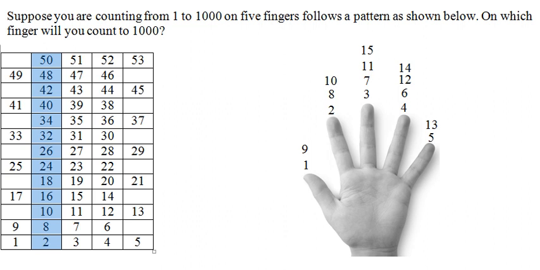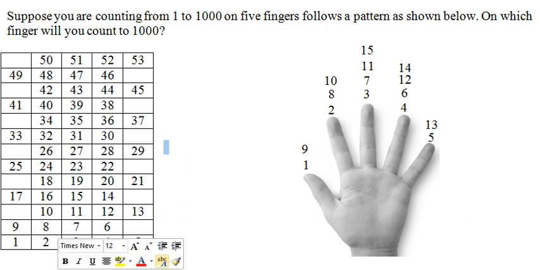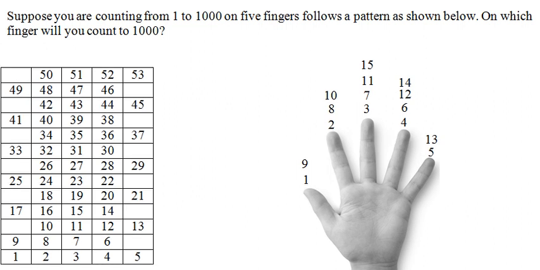To answer this, we look at two cases. One, if you start from 8 and every time you add 8, will it get to 1000? If 1000 appears, 1000 must be a multiple of 8. So is 1000 a multiple of 8? We need to do the calculation. 1000 divided by 8 is 125.